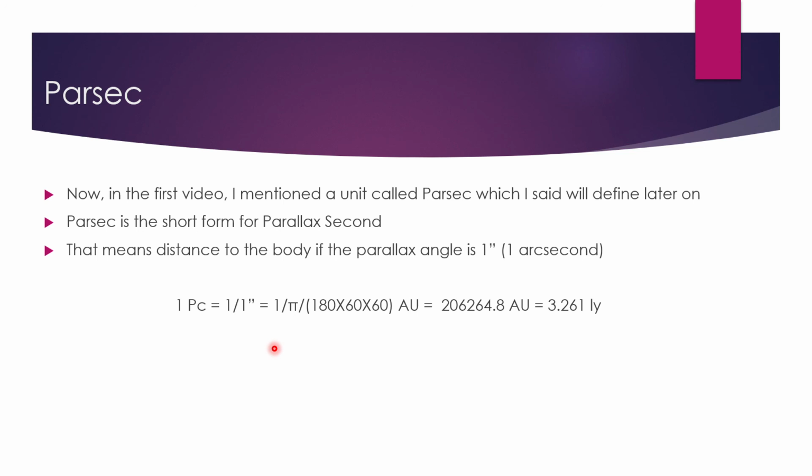So if we substitute the value over here, we find that 1 parsec is equal to 206,264.8 astronomical units, which is also equal to 3.26 light years. So you all know what these two units mean. AU means an astronomical unit, while LY means light year. So that is how the parsec is defined.